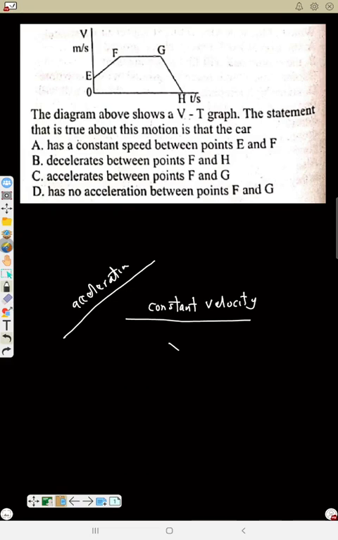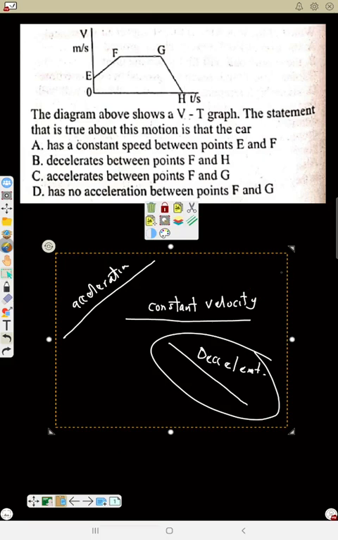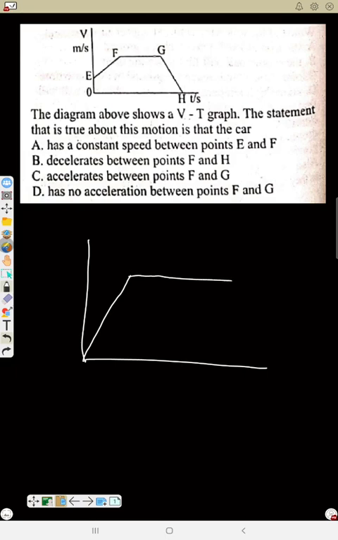If you see a line that goes this way, that means it's deceleration. That means it's coming to rest. So that is deceleration. Now if you have a velocity time graph, here is acceleration because it's going up, here is constant velocity because it's going straight, and here is deceleration.